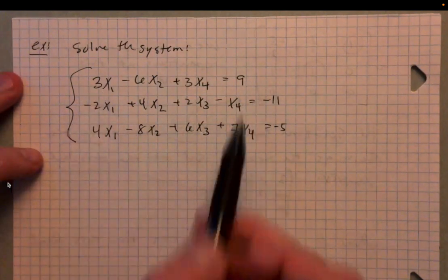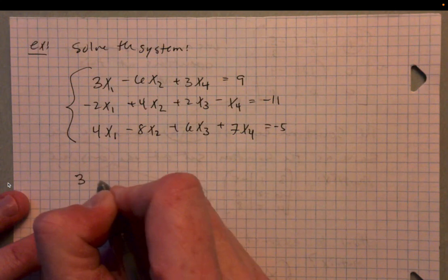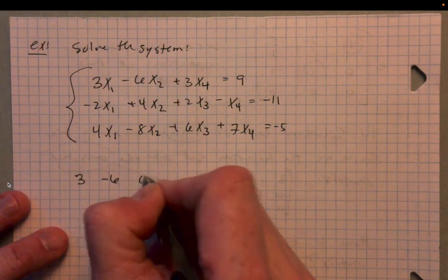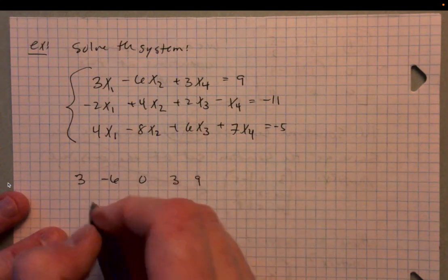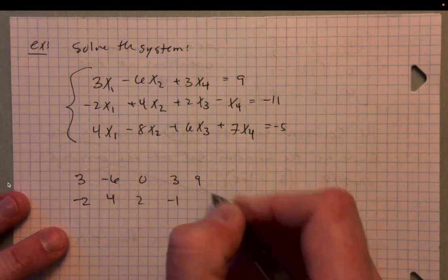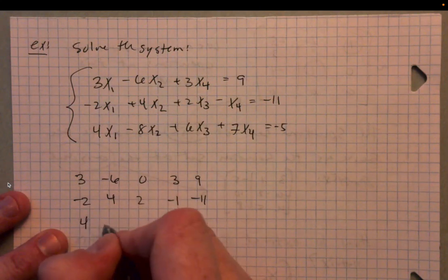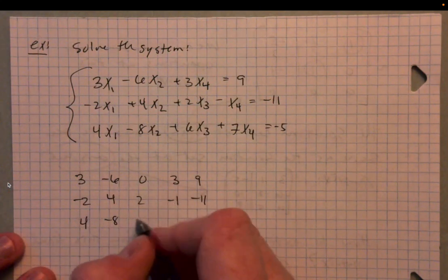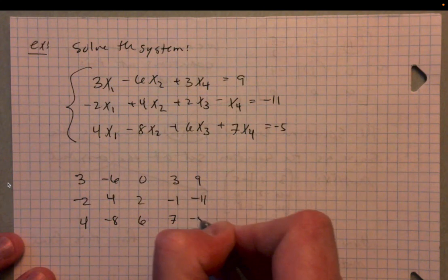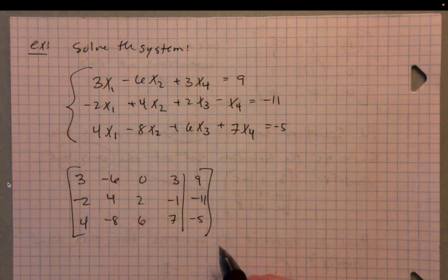Okay, so first thing we have to do is convert this into an augmented matrix. And so we get 3, negative 6, 0, 3, 9, and then negative 2, 4, 2, negative 1, negative 11, and then 4, negative 8, 6, 7, negative 5. Okay, so there's our matrix.